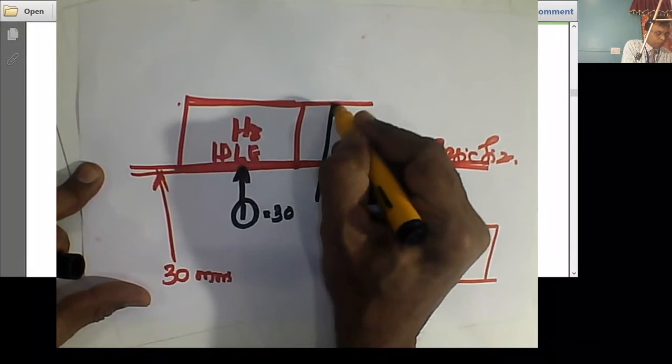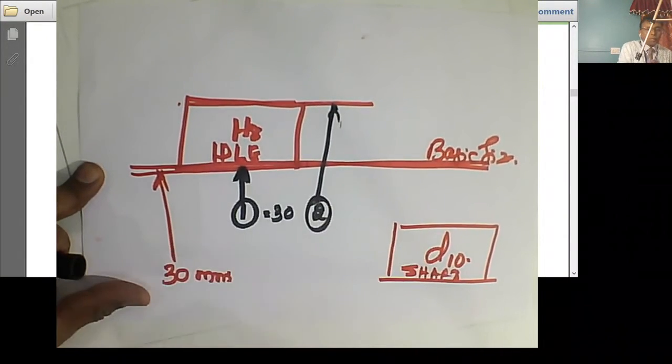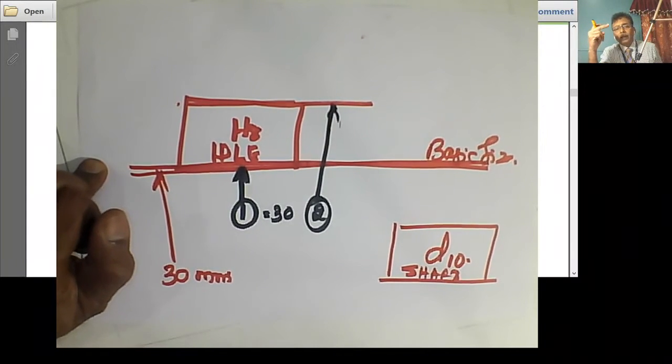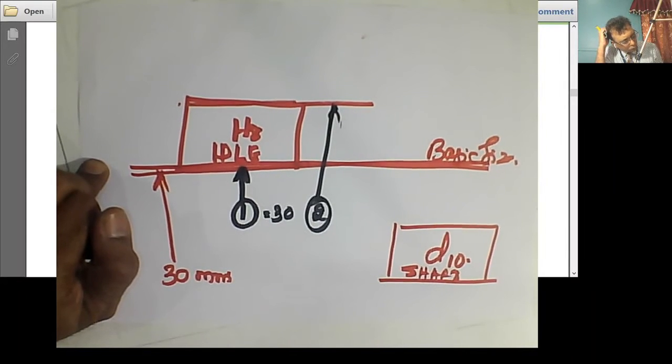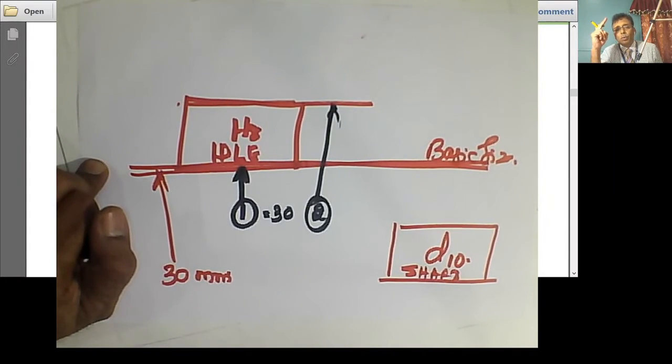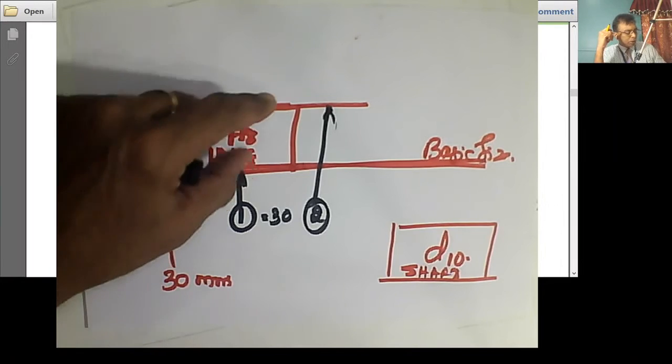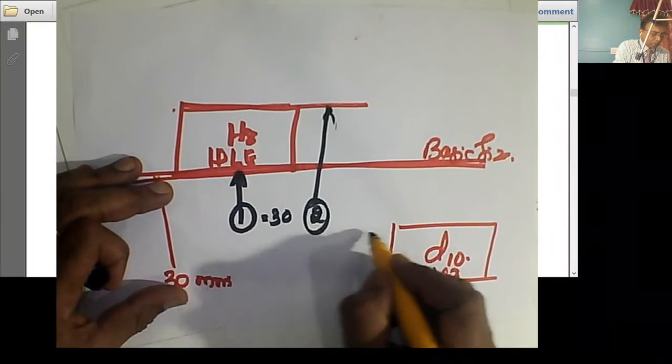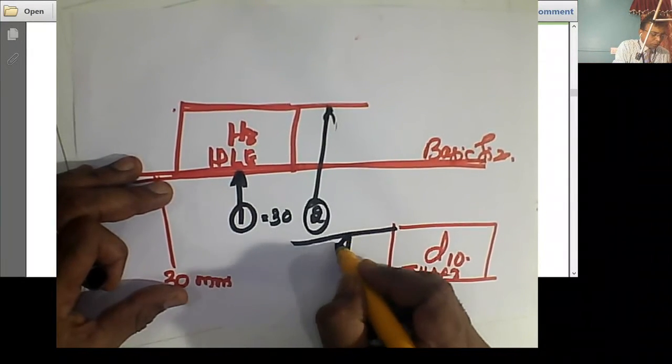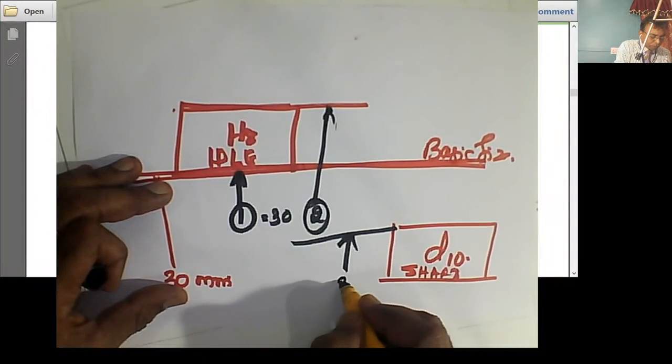Next, we need to find out number 2, that is the higher size of the hole, or the maximum tolerance for the hole, and then what is the maximum size of the hole. Maximum size of the hole is nothing but this value. Next, we need to find out the maximum size of the shaft, number 3.